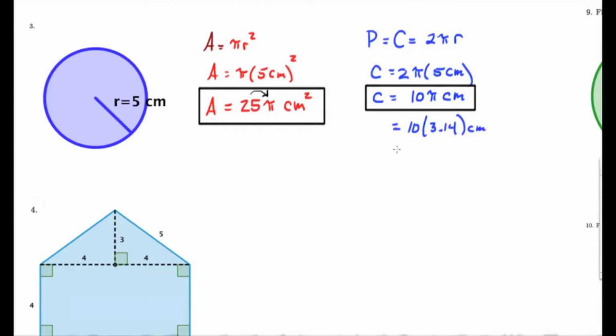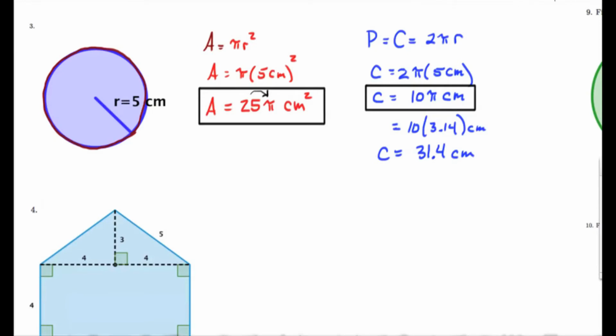So 10 times 3.14 is the same as just moving the decimal over 1, so that would be 31.4 centimeters is my circumference. And that would be the distance around the circle, whereas the area here is actually the boundary within the circle.